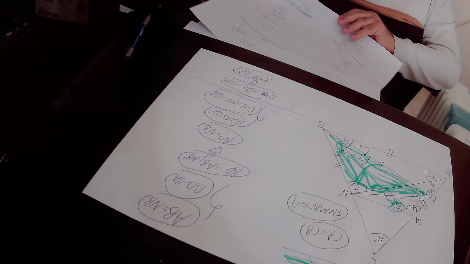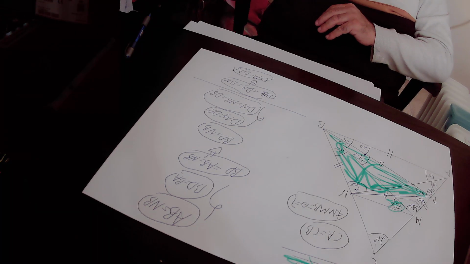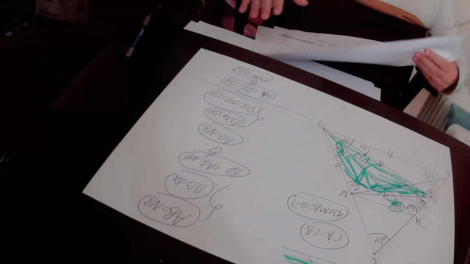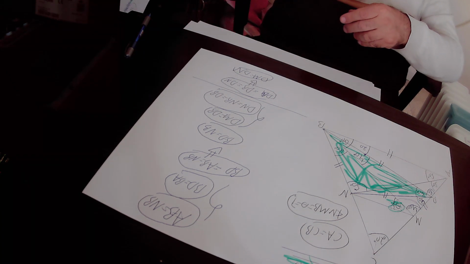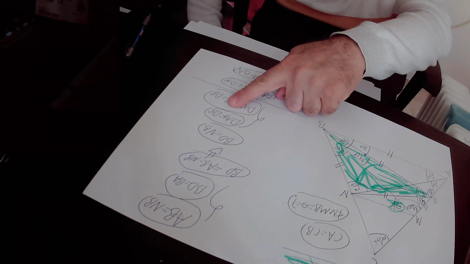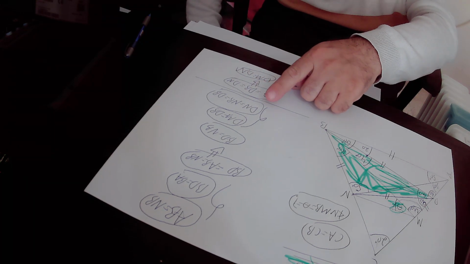Okay, so here we actually have two equations. The first equation is DB equals DM. The second equation is DB equals NB equals DN.